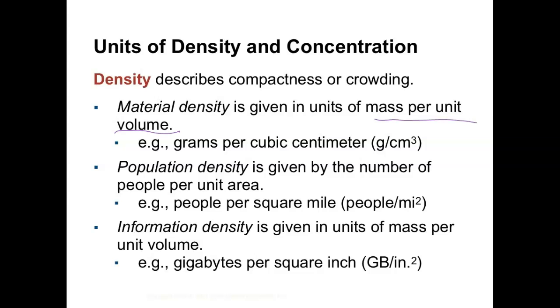And then information density is given in units of bytes per unit area, like gigabytes per square inch. You don't have to memorize these. This is just some general definitions. You do want to know that the definition of density is that it describes compactness or crowding.